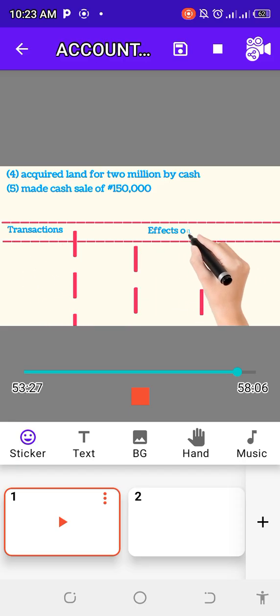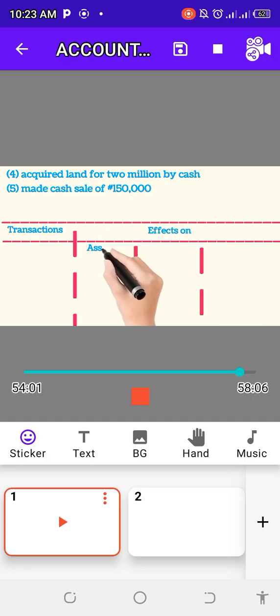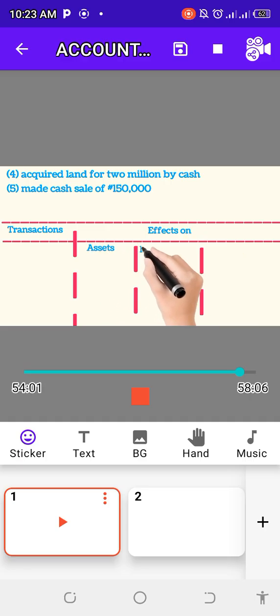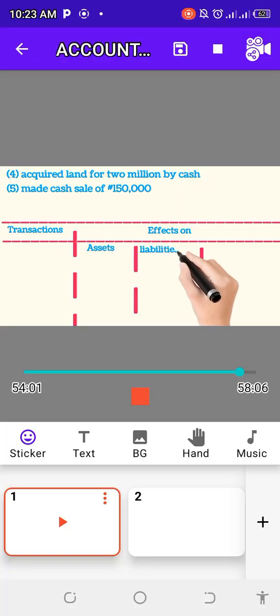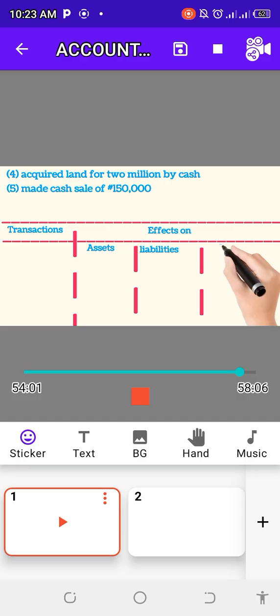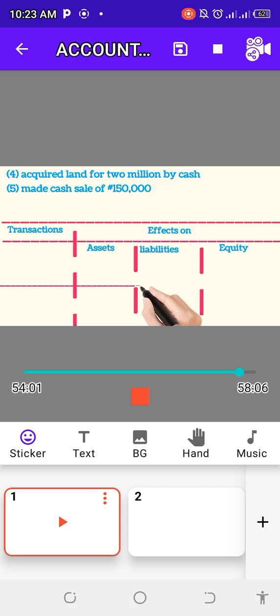The first one, number 4, he acquired land for 2 million naira by cash. Land account is affected and cash account is affected. So the two accounts affected are land account and what? Cash account. Transaction 5 made sales of 150,000 naira.